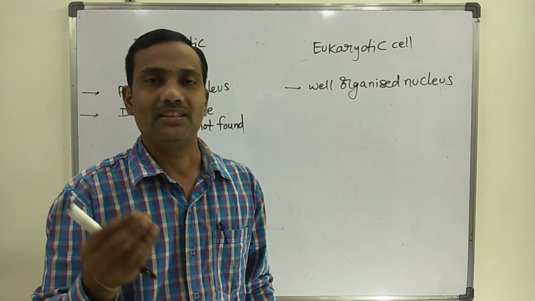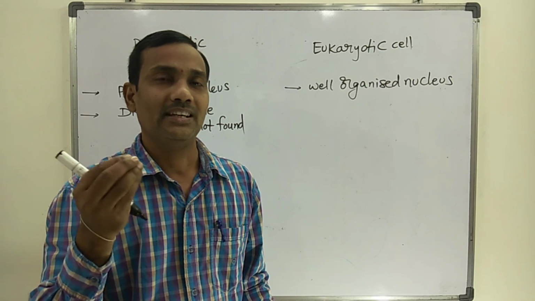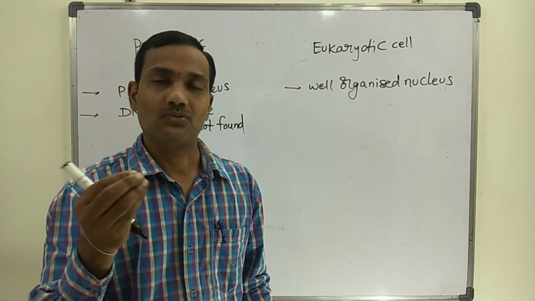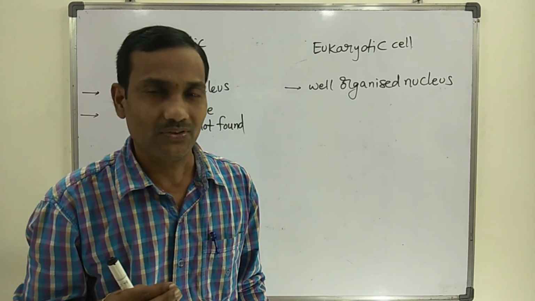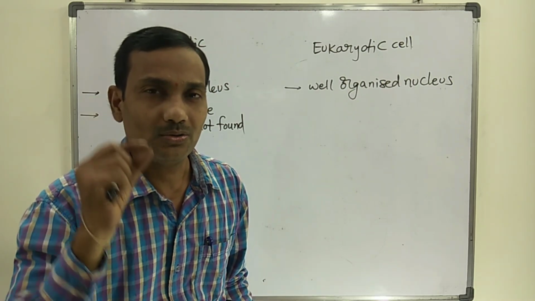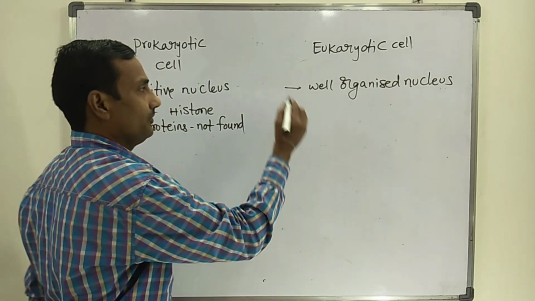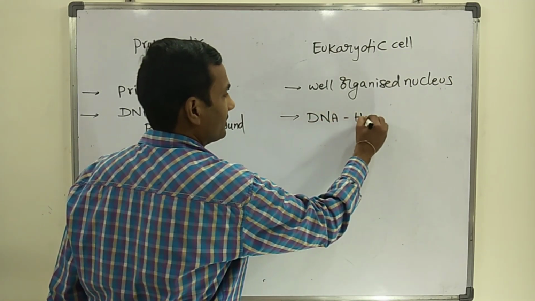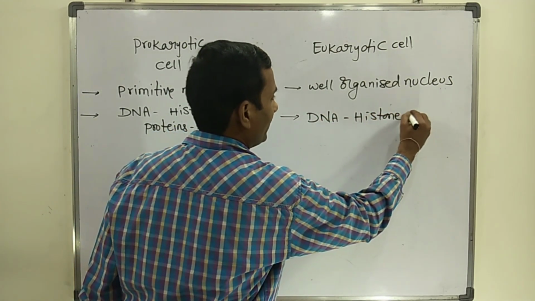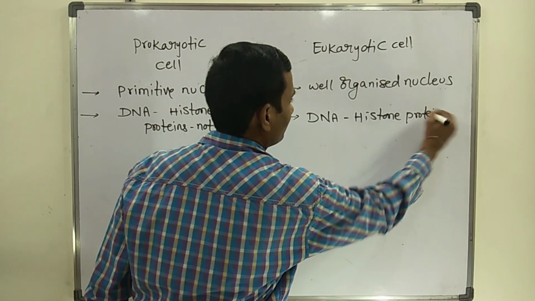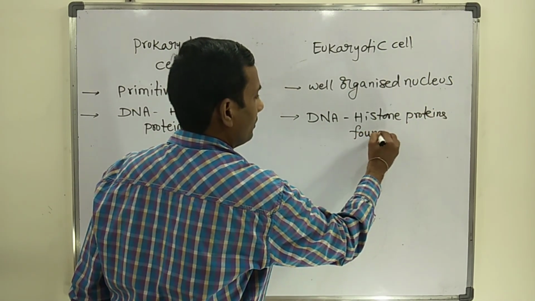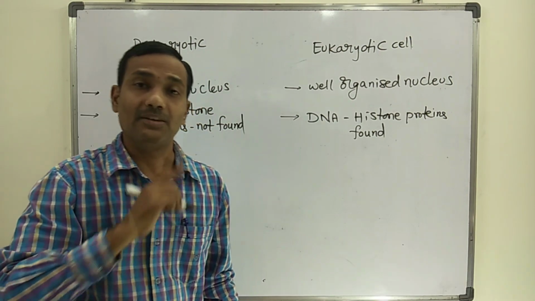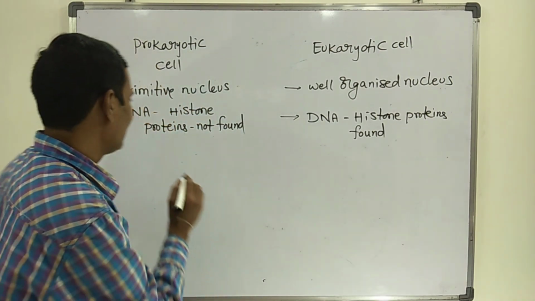There are different types of histone proteins: H2A, H2B, H3, H4, H1. All those types of histone proteins are found only in eukaryotic cells. DNA with histone proteins is found in all eukaryotic cells, that may be plant or animal cells.